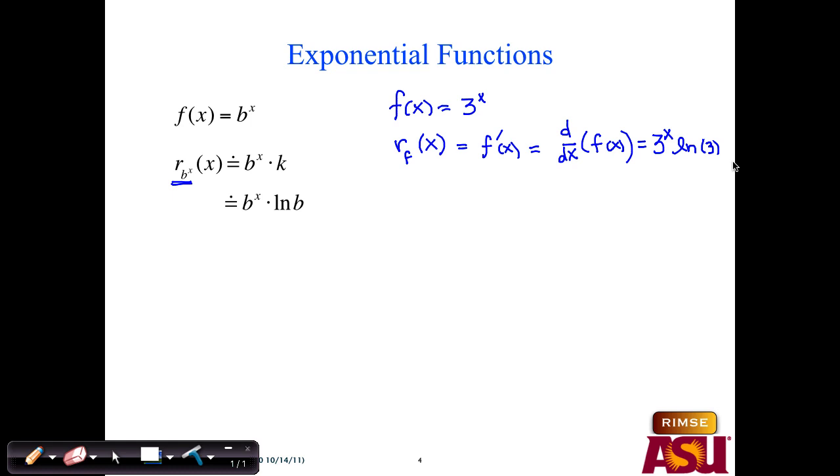So 3 to the x, that's a map of x values, independent values, to y values, output values.